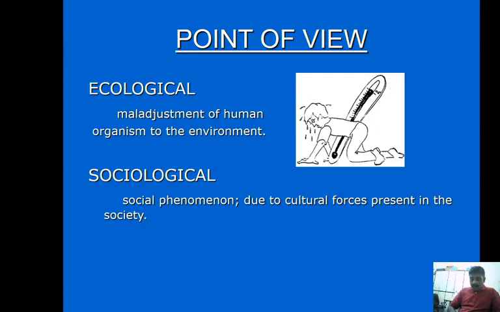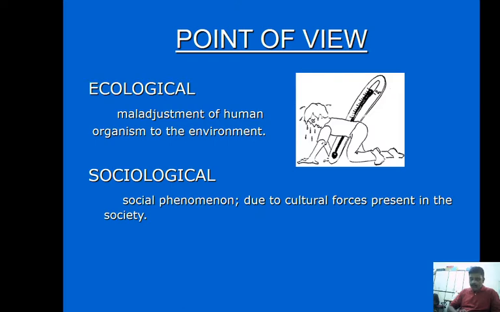So when you look at diseases, there are a couple of points of view. One is the ecological point of view. It says that there is a maladjustment of the human organism to the environment. Ecologically, we can say that whenever the balance between humans and the environment is lost, you end up having a disease. There's also a point of view that it's a sociological phenomenon, right? Due to various cultural forces present in the society.